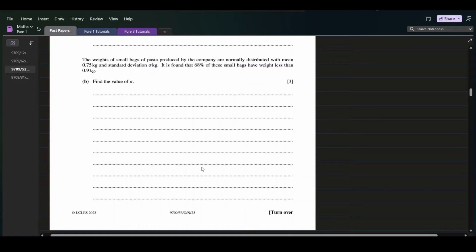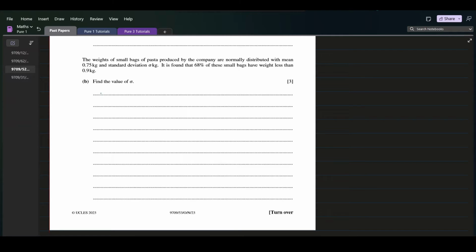The weights of small bags of pasta produced by the company are normally distributed with mean 0.75 kgs and standard deviation sigma kgs. It is found that 68% of these small bags have weights less than 0.9 kgs. Find the value of sigma.